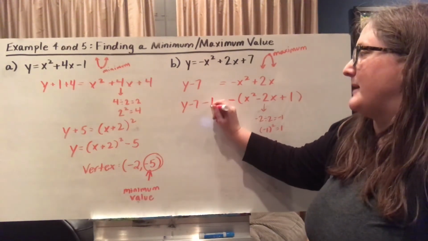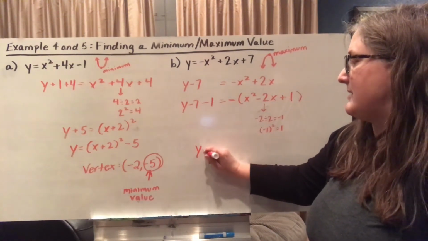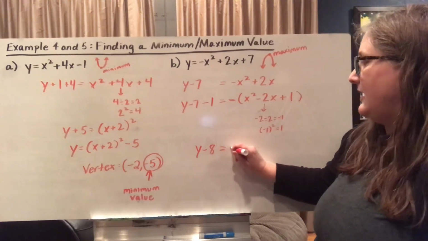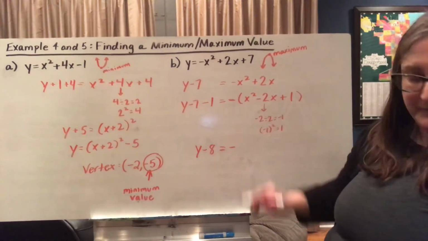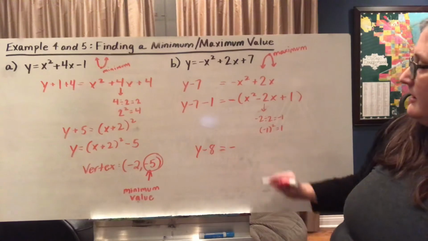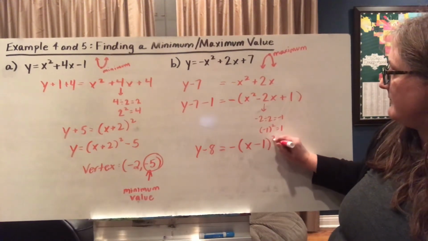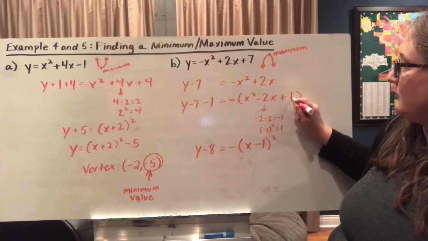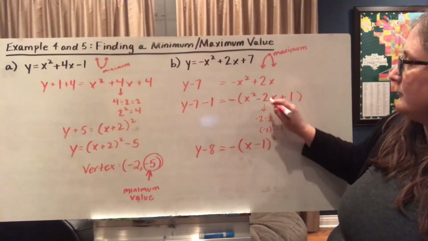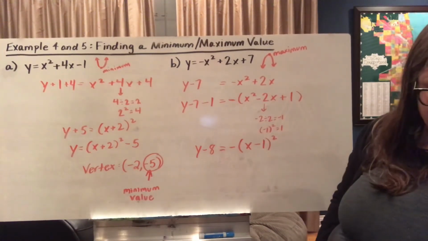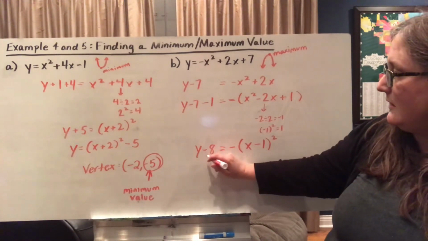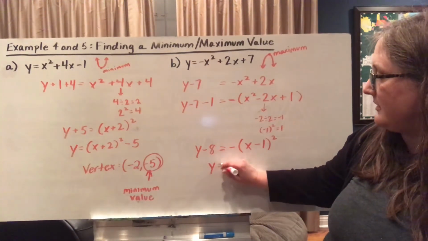So I'm actually going to subtract 1 from this side. So I'll have y minus 8 equals, and this becomes a perfect square binomial, x minus 1 squared, because -1 times -1 is 1, and -1 plus -1 is -2. So now I'm going to add this 8 back to the other side.